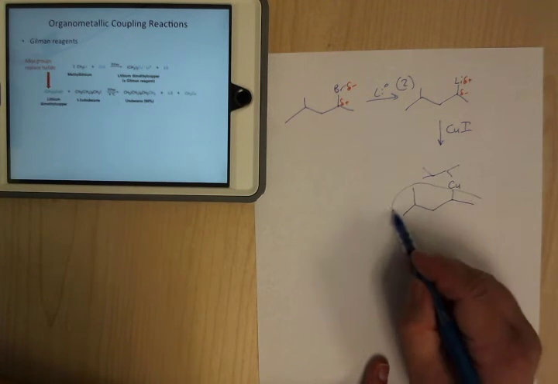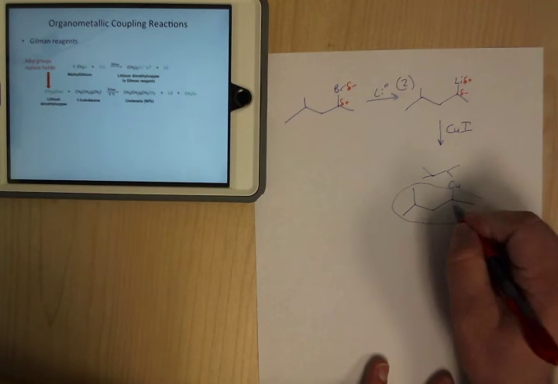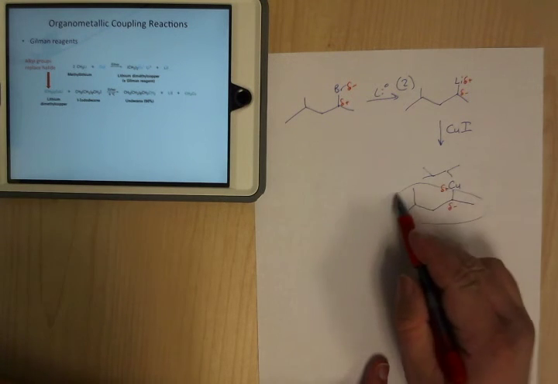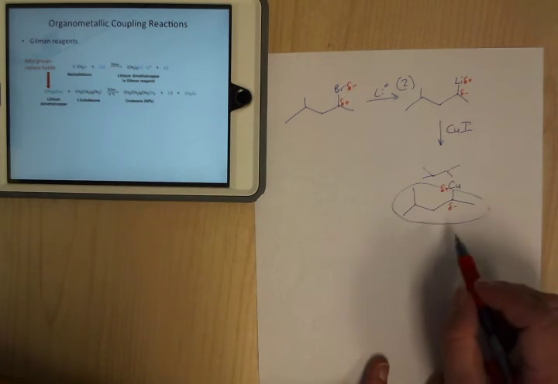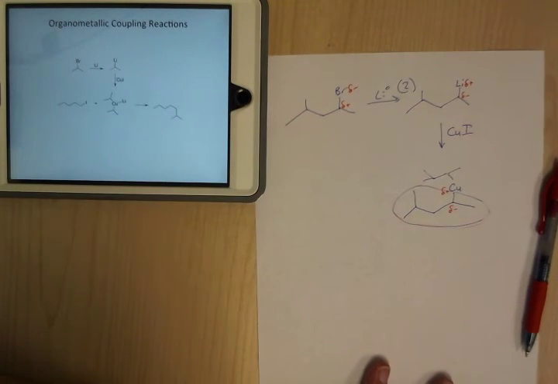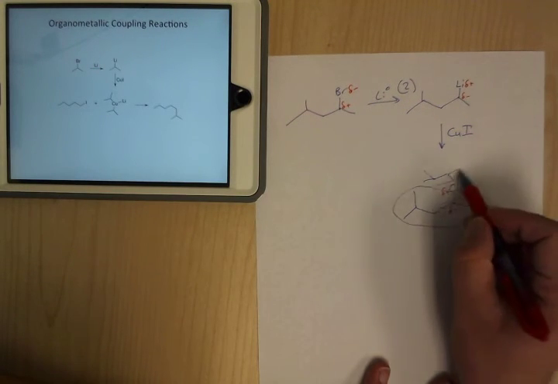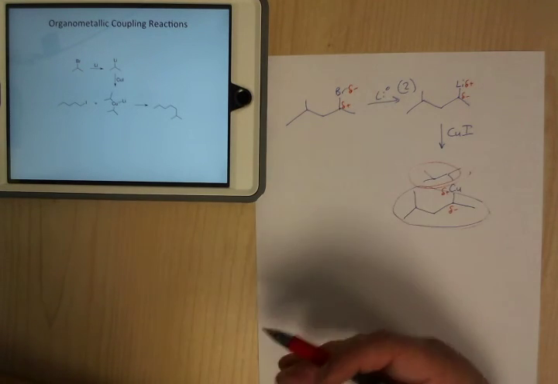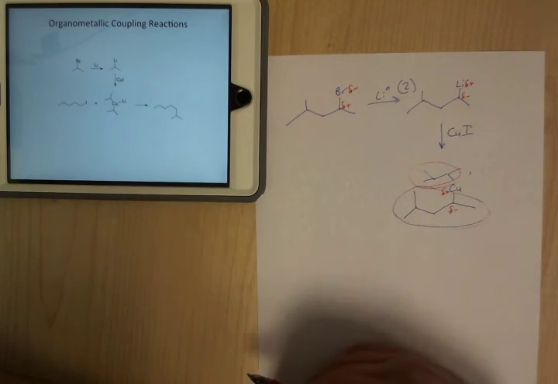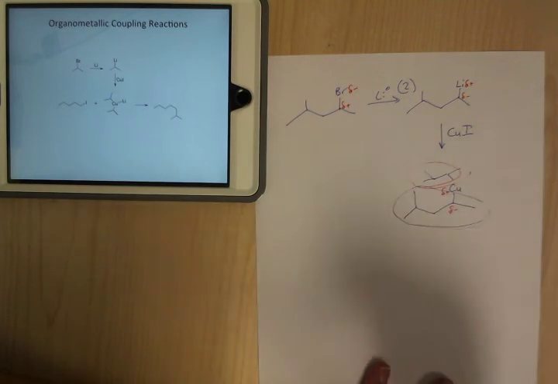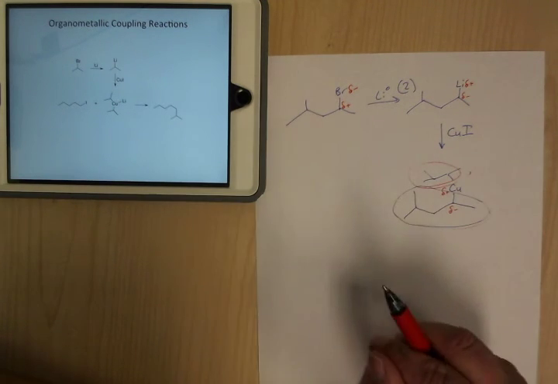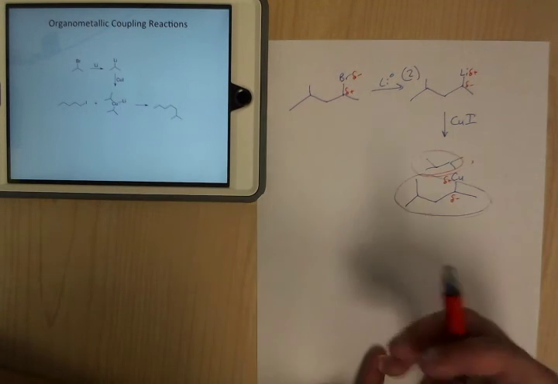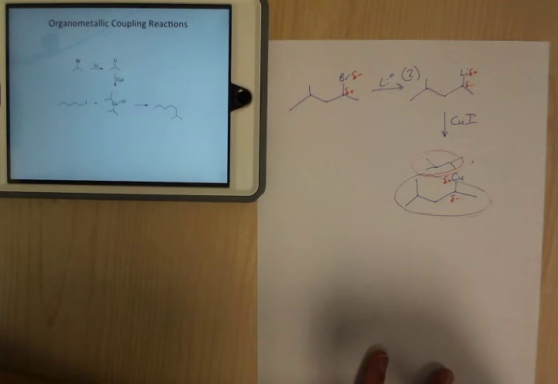This again reacts just like a carbanion, just like a Grignard reagent. It just so happens you have two of them on here. So there are three different ways of doing the exact same thing: you put a magnesium on there, a lithium, or a copper. There are reasons why you would want to do one, but for this class, just know they're three ways to attack the problem the exact same way.